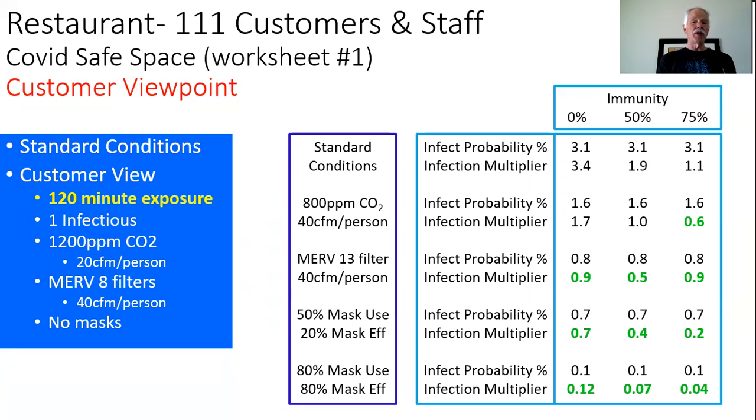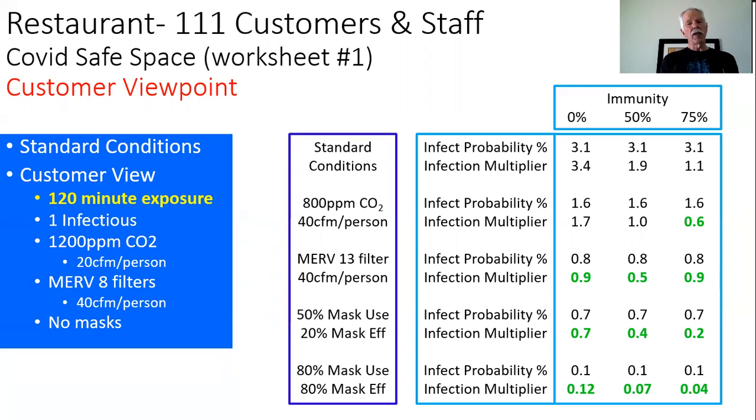So starting with standard conditions and with everyone susceptible except that one infectious person, you actually find in this large crowd that as far as airborne transmission, you're maybe only about a 3% chance of getting infected relative to that infectious person roaming around the room.